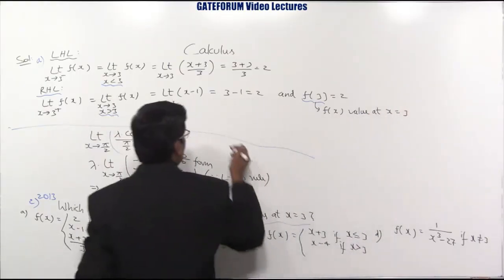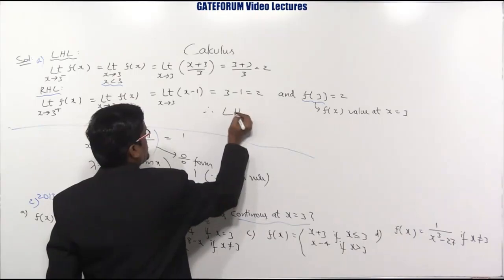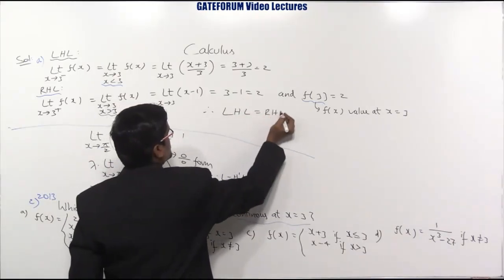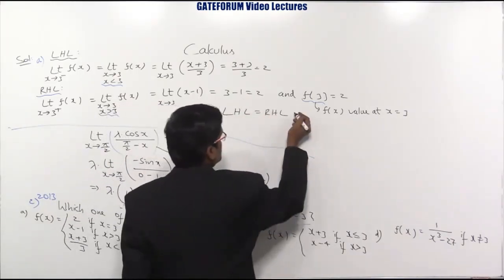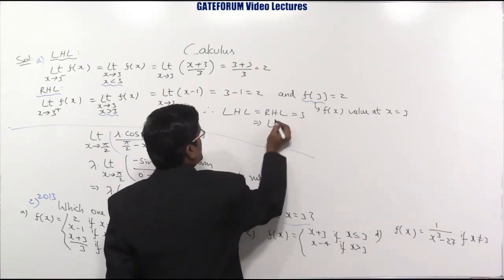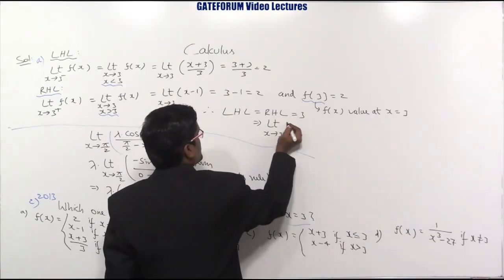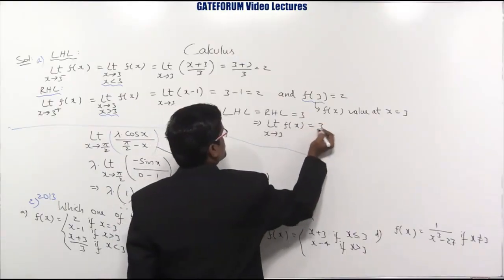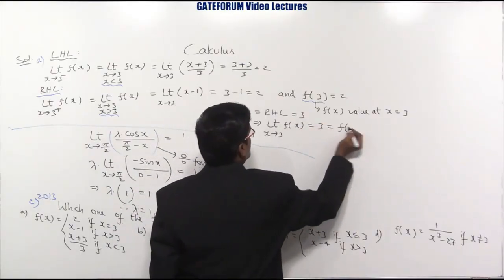So when both left limit and right limit exist, that is LHL equal to RHL, that implies limit x tends to 3, f of x exists.